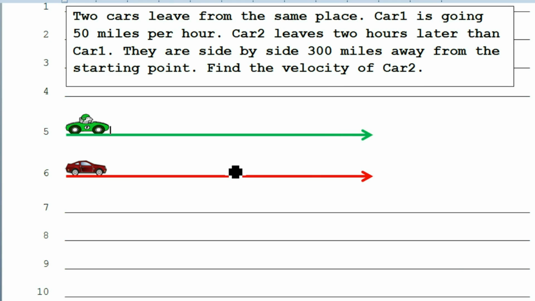In this problem, we have two cars leave from the same place. Car 1 is going 50 miles an hour. Car 2 leaves 2 hours later than car 1. They are side by side 300 miles away from the starting point. Find the velocity of car 2. We have car 1, and it's given that car 1 is going 50 miles an hour.